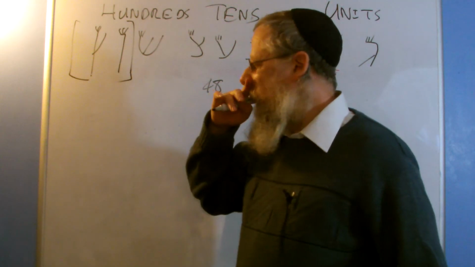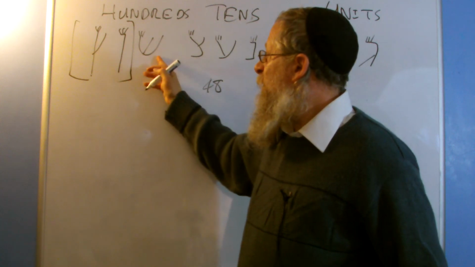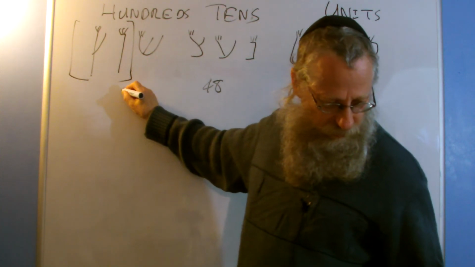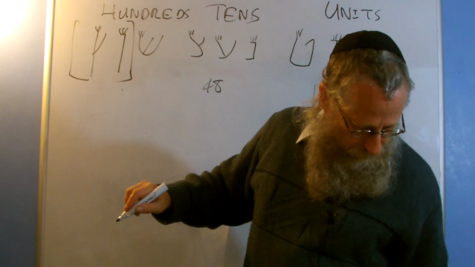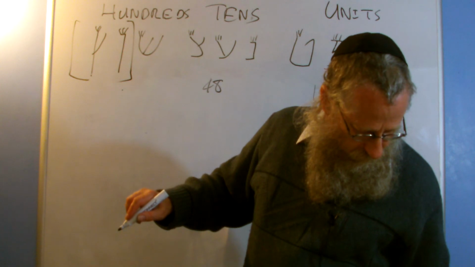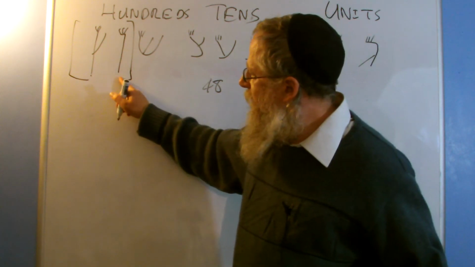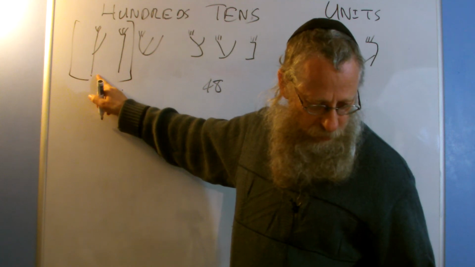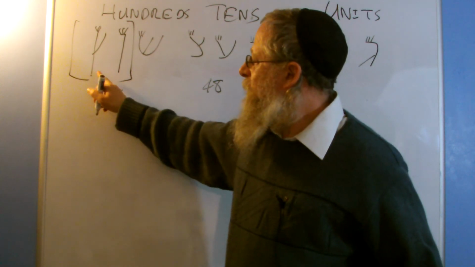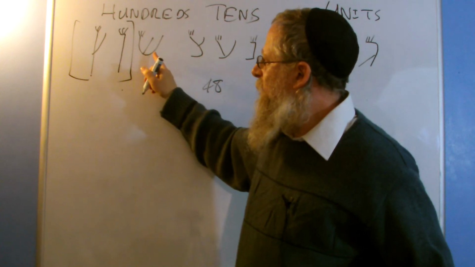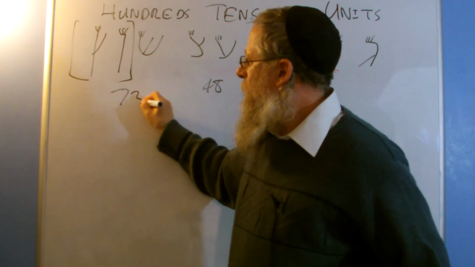25 and 27 is 52, plus 21, that's 73. Right, 73.